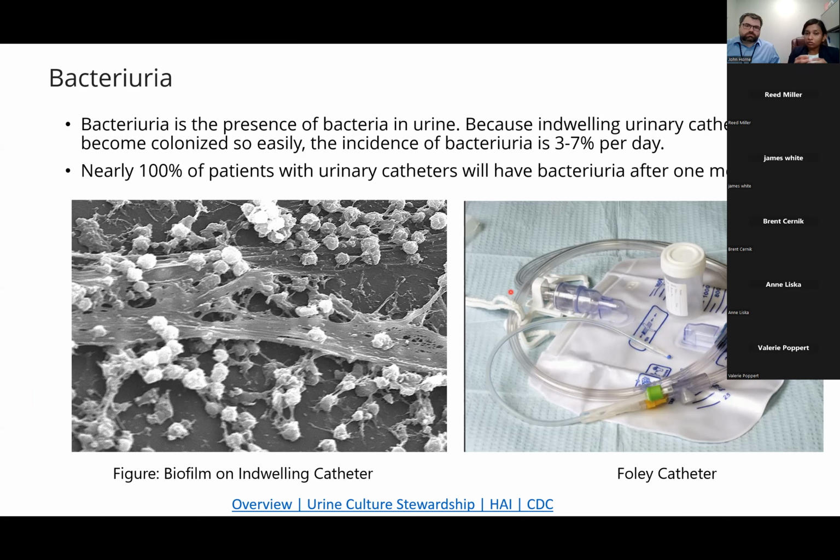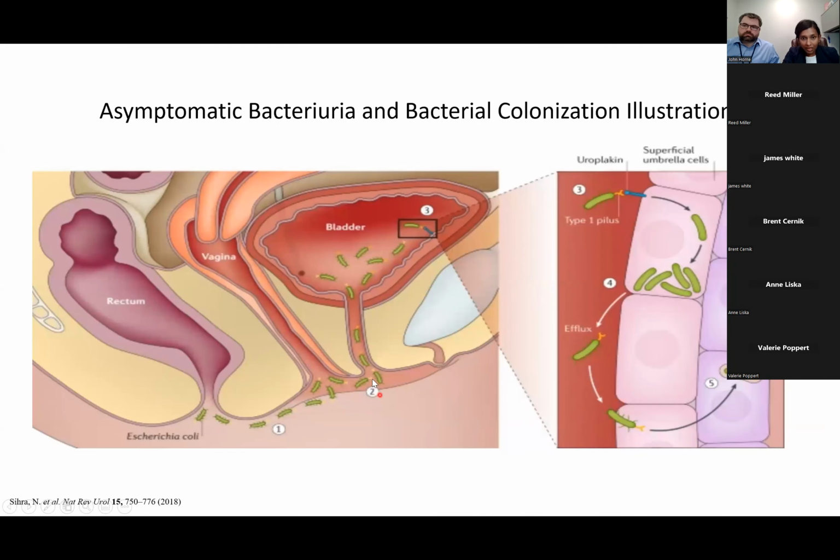Sometimes when people get urine samples from a Foley catheter, they're like, oh boy, there's all these bacteria, we have to treat it. If the patient has no symptoms, we really should not be treating this type of colonization. Another thing I want to highlight is, let's say the patient has a Foley catheter in the bladder area, then all of this area is colonized with bacteria too.